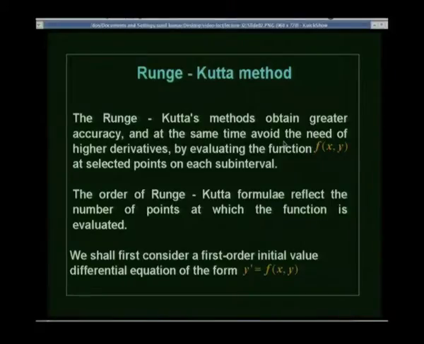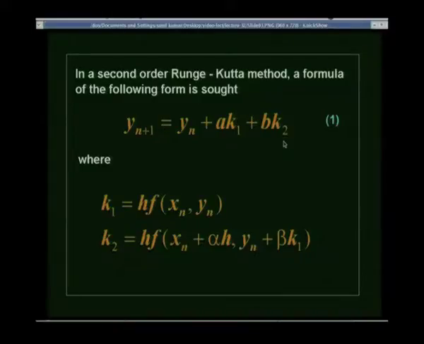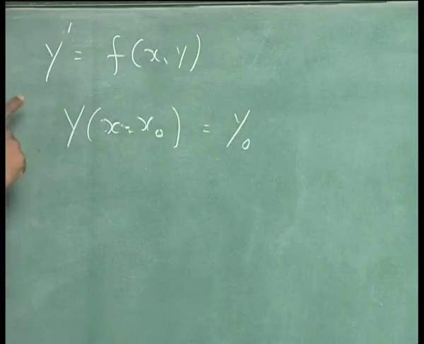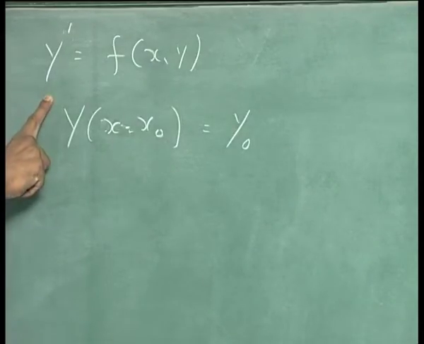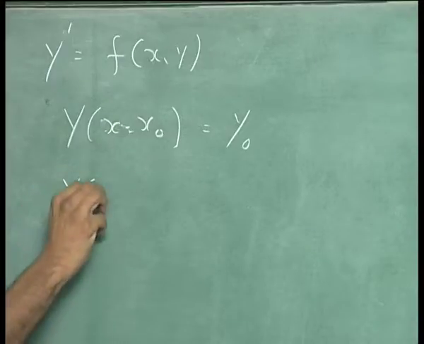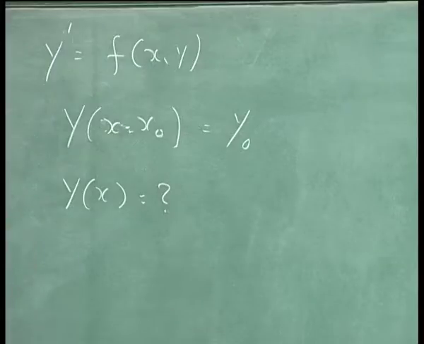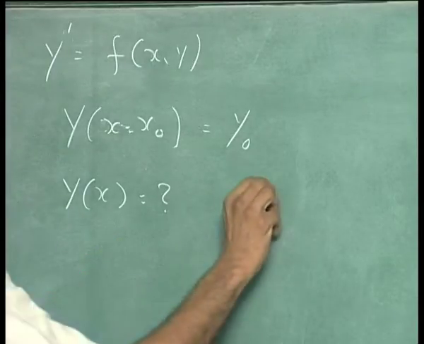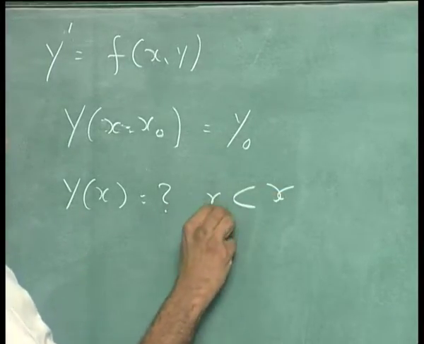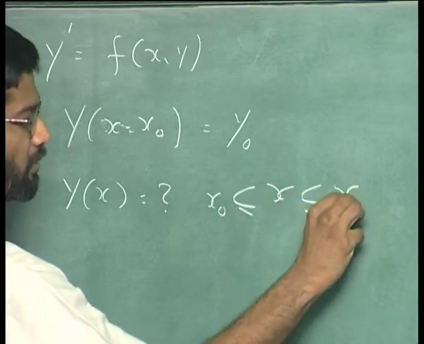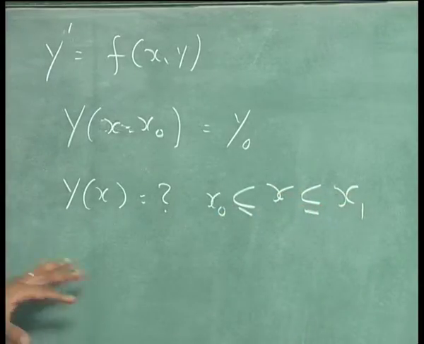In the second order Runge Kutta method, we write the solution as yn plus 1 equal to yn plus a k1 plus b k2. Remember, what we mean by solving such a differential equation is to actually find out what the functional dependence of y on x is, for a whole given interval x0 to x1.